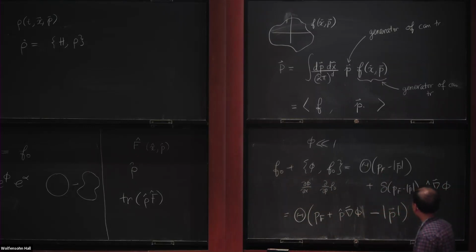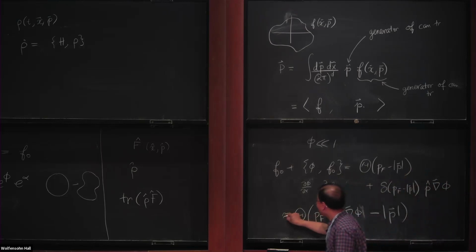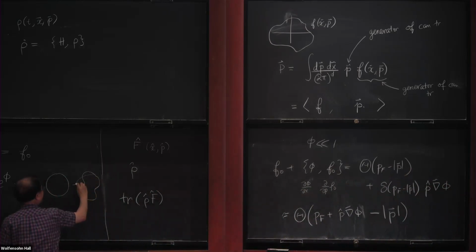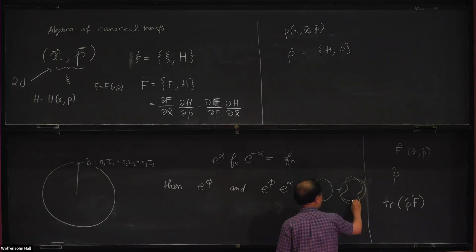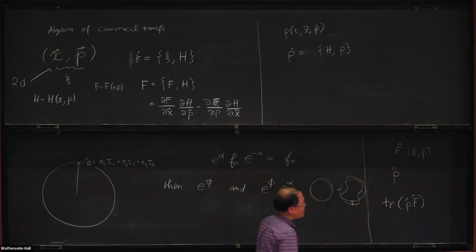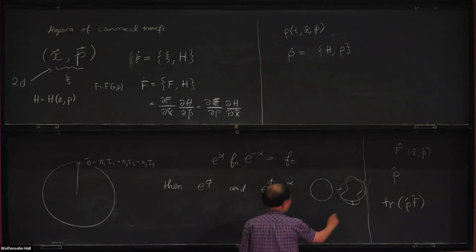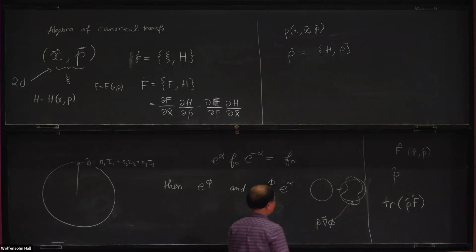Plus dot dot dot terms of second order in phi, which we ignore. And so again, here we have a Fermi surface which remains sharp, and the deviation from the original Fermi surface is given by this function. The deviation here is p hat times grad of phi.